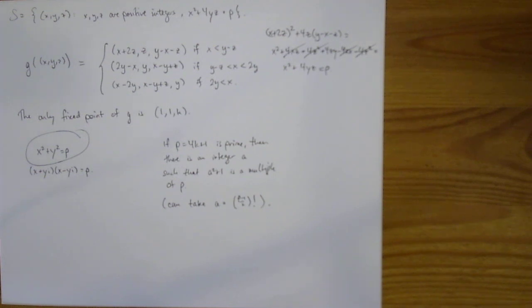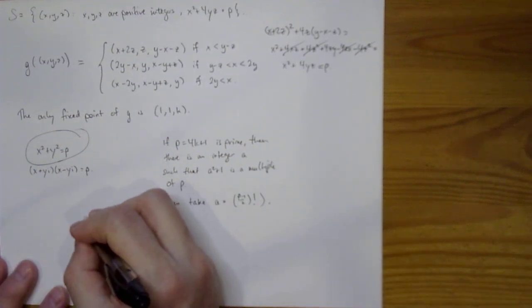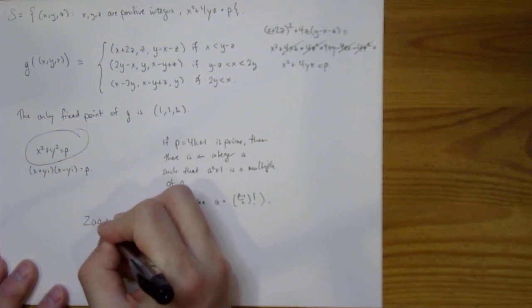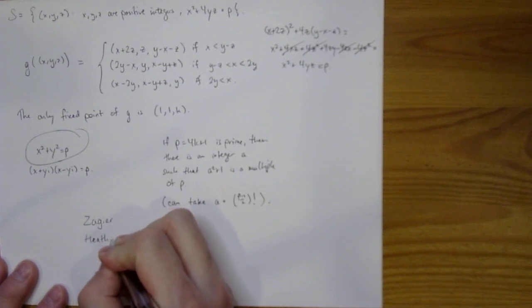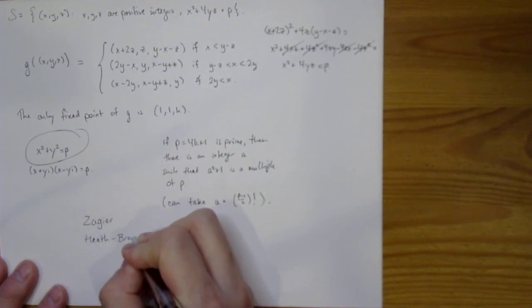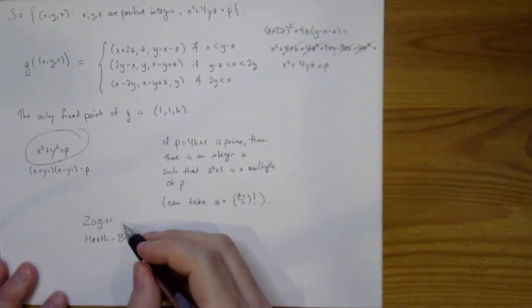So that's the summary of the talk. If you have questions, feel free to ask me. You can look up this paper of Zagier, and I believe that his proof was a generalization of one by a mathematician named Roger Heath-Brown, from the 1980s.